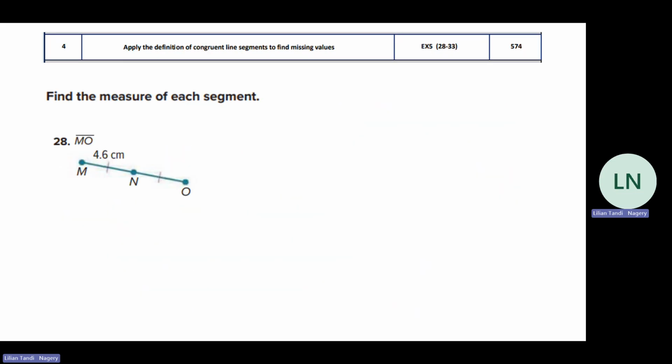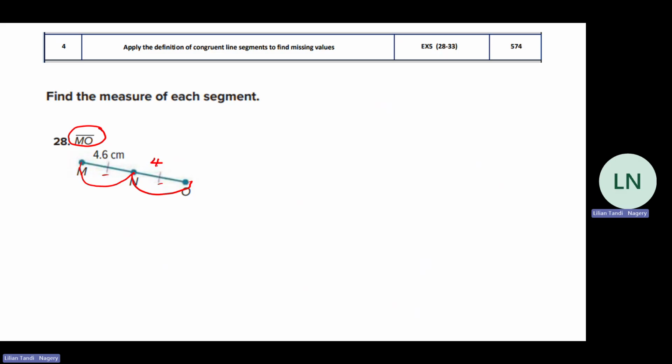Now we come here. It says, find the measure of each segment. Which segment is it asking me? This one. Now, I see these marks here mean congruency tick marks. What does that mean? It means these are the same.